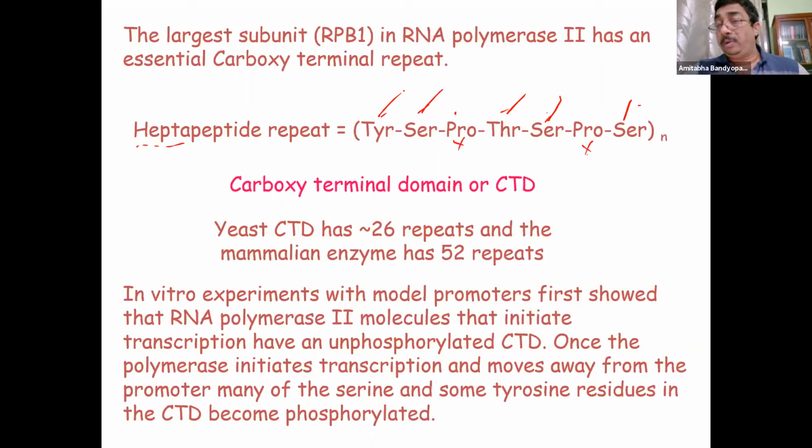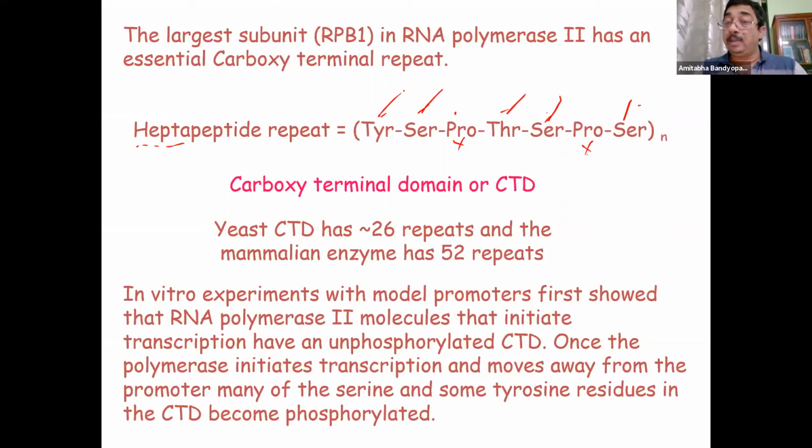Depending on the status of phosphorylation, it can acquire the property to escape the promoter clearance. You saw that happens in bacteria as well. Soon after the promoter clearance, the 5' end of the RNA will try to peep out of the RNA polymerase.